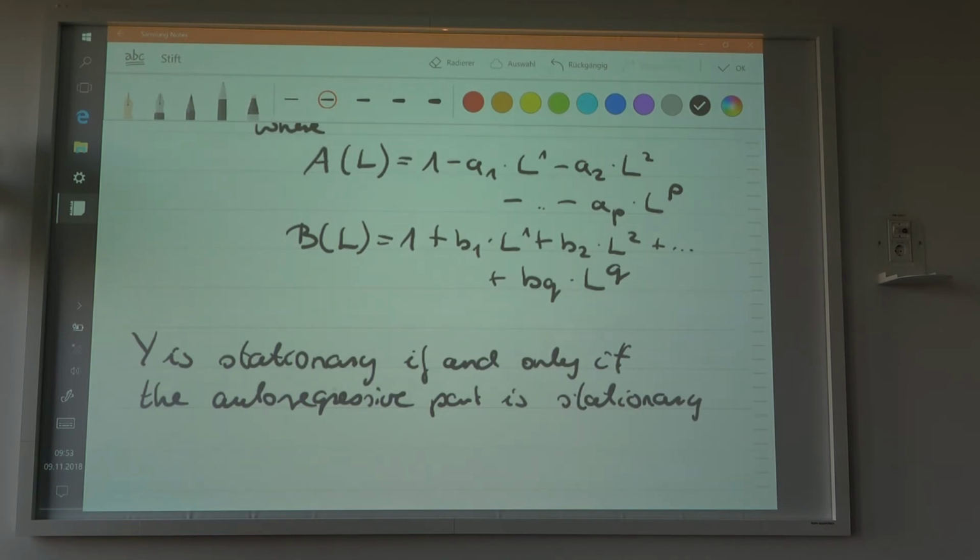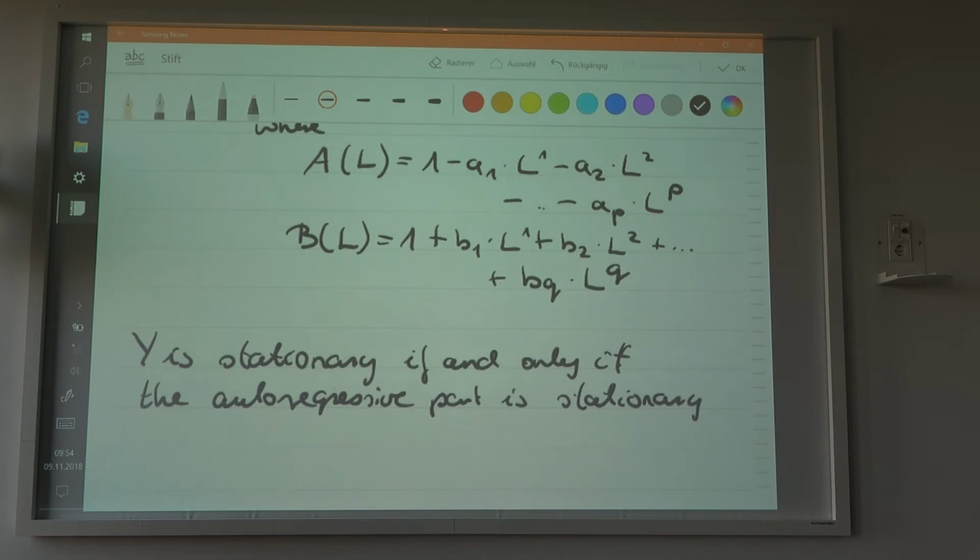Now, what were the conditions for the autoregressive part to be stationary? The autoregressive part is stationary if and only if the lag polynomial of the autoregressive part has roots which have an absolute value greater than 1. Remember that?